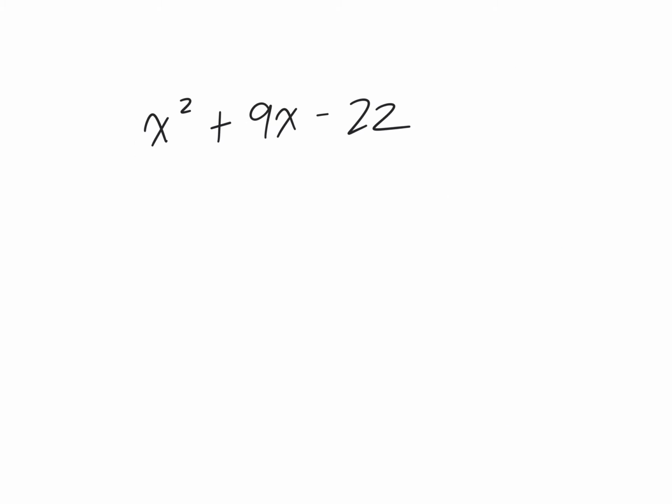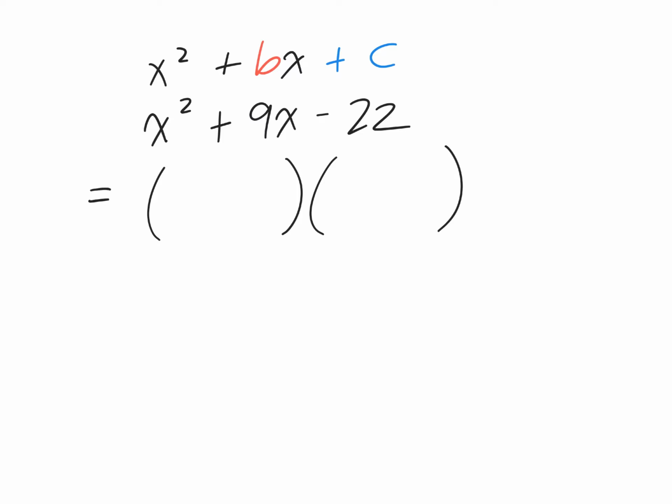Okay, so again, this is a trinomial in the form x squared plus something plus or minus something, c, right? So to factor this, it's always going to be two binomials. And your first term is always going to be the square root of that.